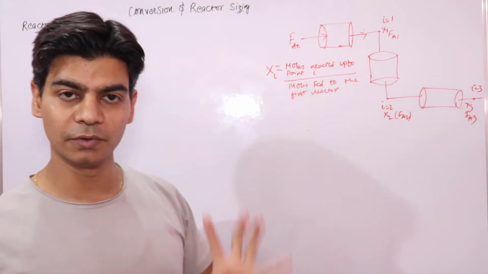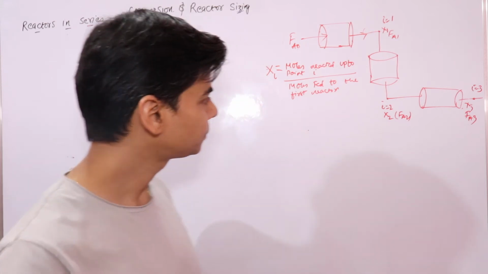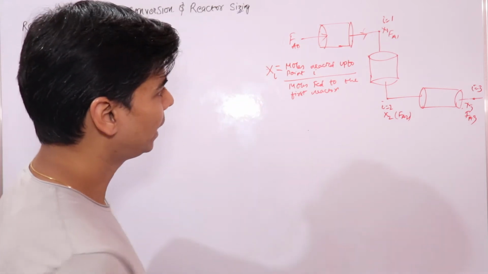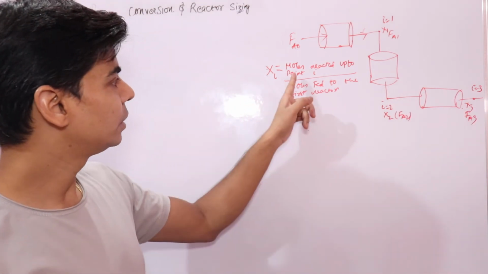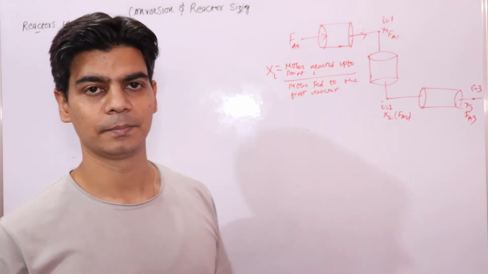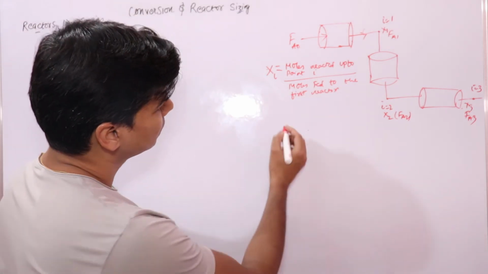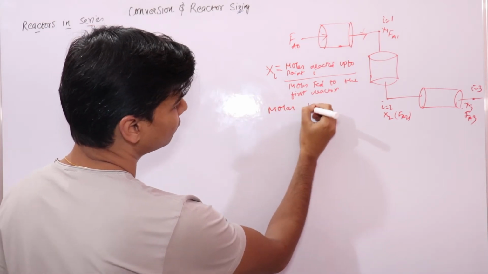This is the conversion per mole. At i equals 1, 2, or 3, you can find the moles reacted divided by the moles fed to the reactor. The second thing we will be looking at at various points is the molar flow rate.